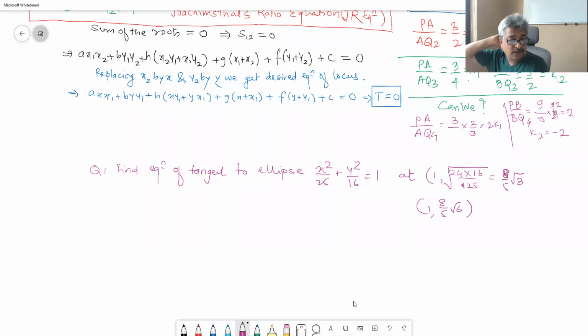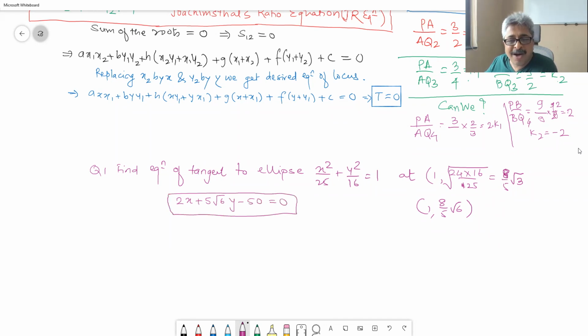Write down the equation of tangent. 2x plus 5 root 6 y minus 50 is equal to 0. Now you do not know how this ellipse looks, but you can find out the equation of tangent. Good.